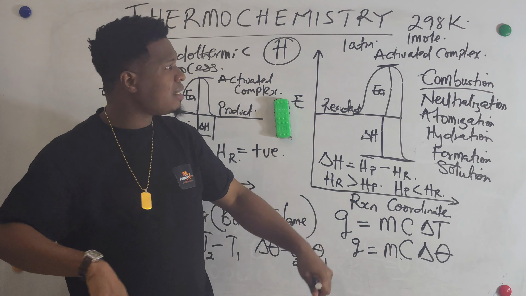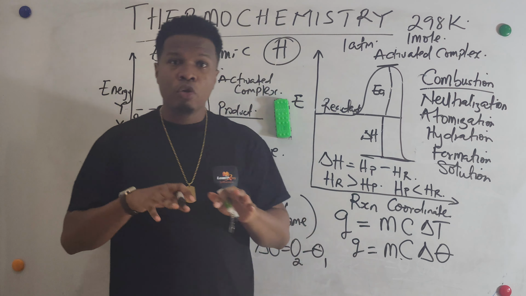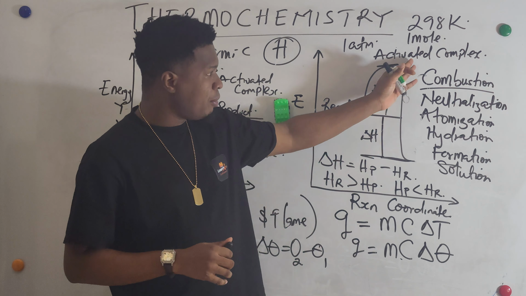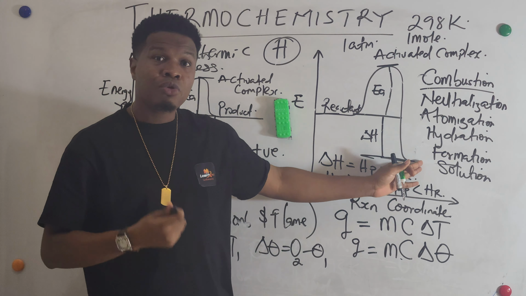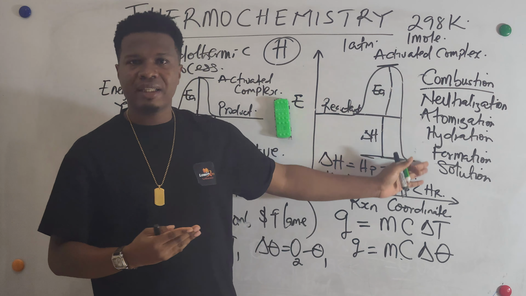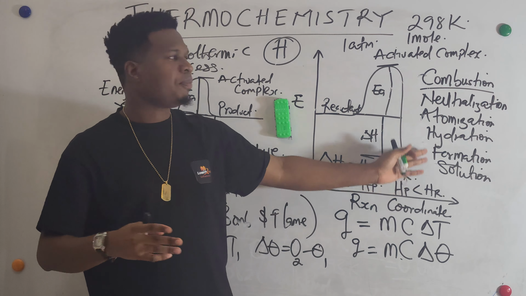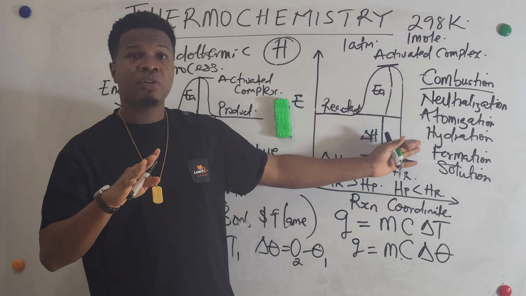At a normal state, it is called heat of combustion. When you go into the app properly, you will be able to see the definitions of all these things, and you should know the definitions, because in exams what you are likely to see is just to define these. We're not going into deep calculation on all these things.